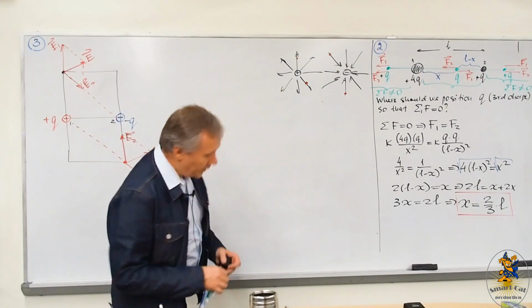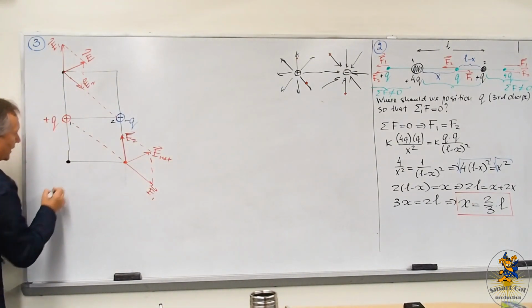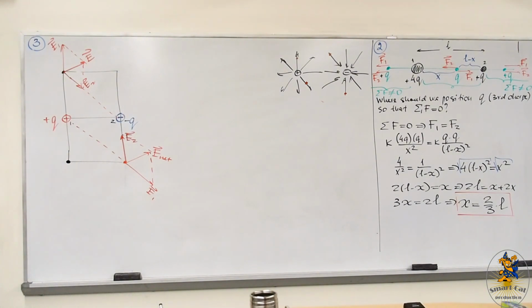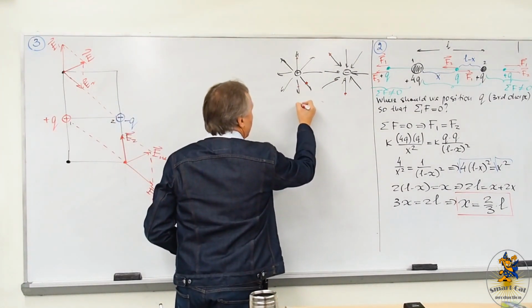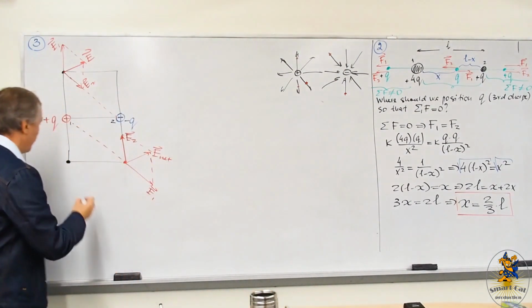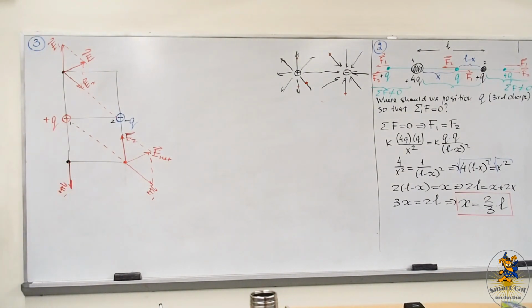What else? Let's find, for example, at this point, the last piece. Very similar. Again, positive charge: this point relative to the positive charge is here, so the electric field is straight down. So E1.